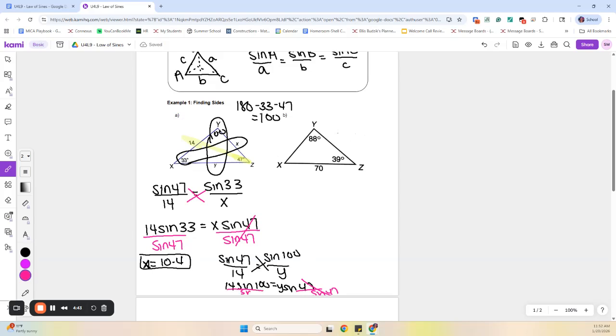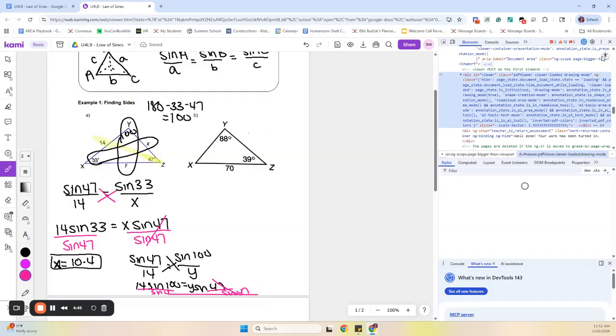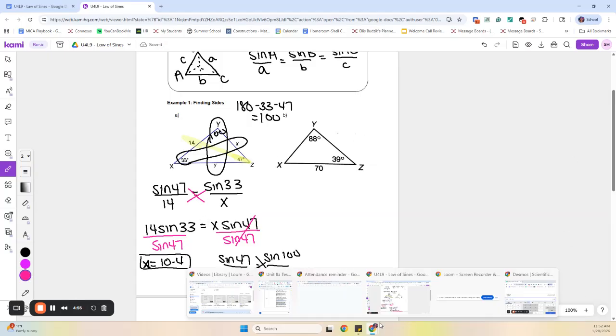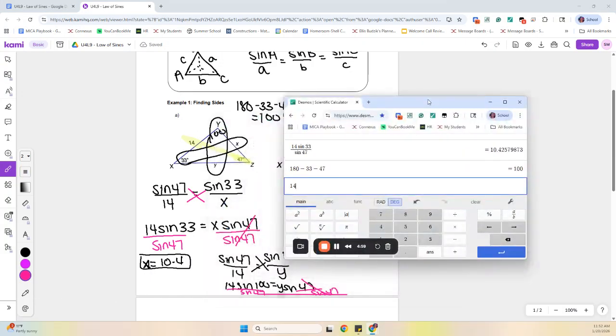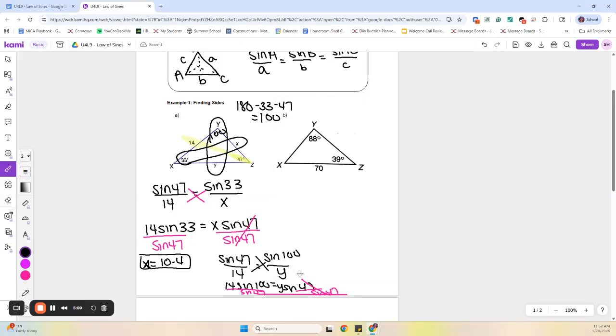Divide by sine 47, and then we enter that into our calculator. So we get 14 sine of 100 divided by sine 47, and we get our y to be about 18.9. So y equals 18.9.